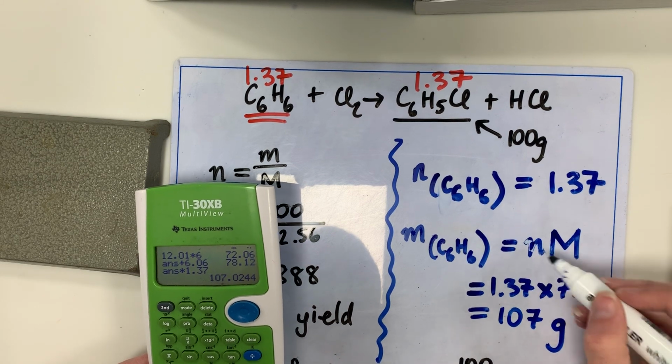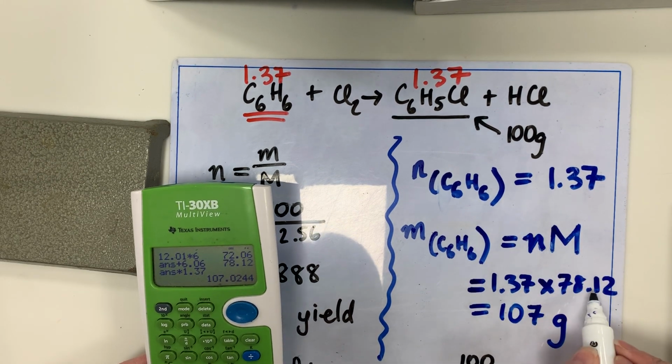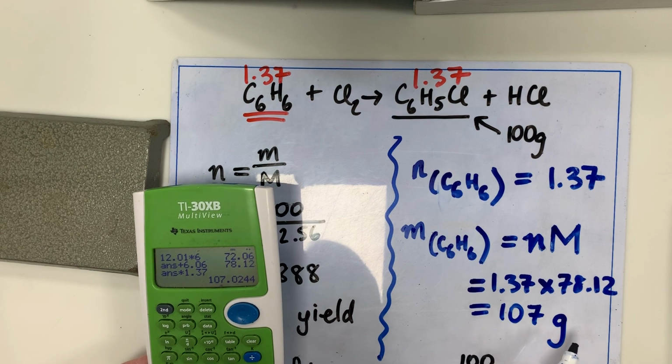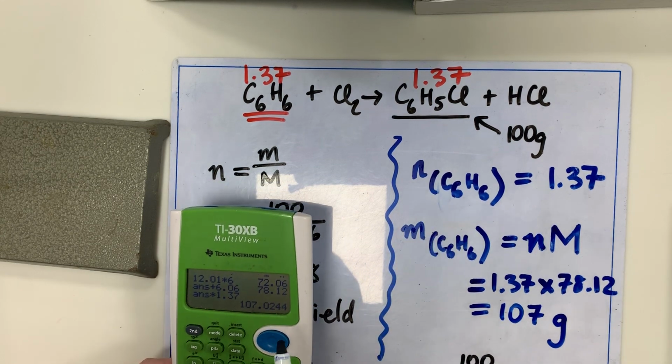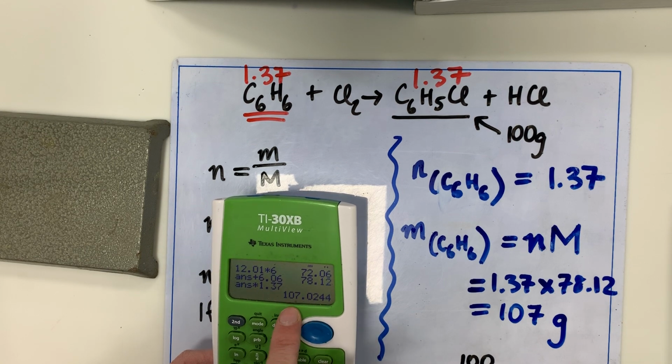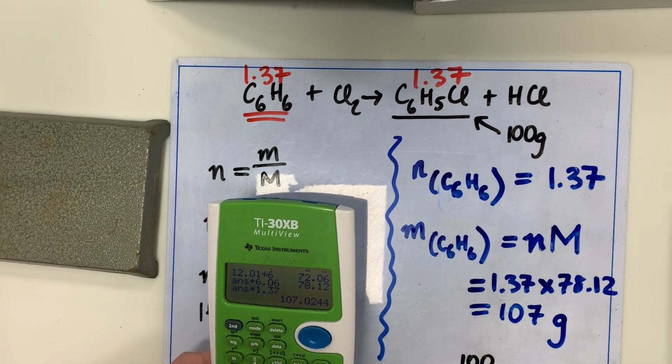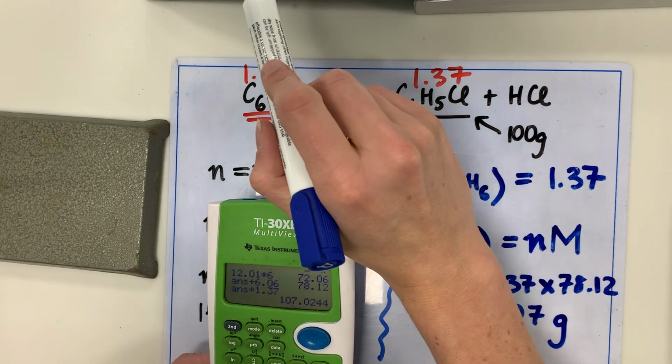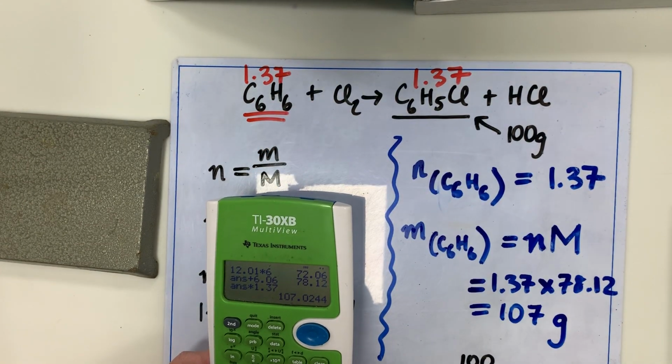So our moles multiplied by our molar mass gives us 107 grams. In fact, if we're going to be technical, even though we'd normally round down, if we want to be really sharp, it's saying the minimum quantity of benzene used to achieve this.